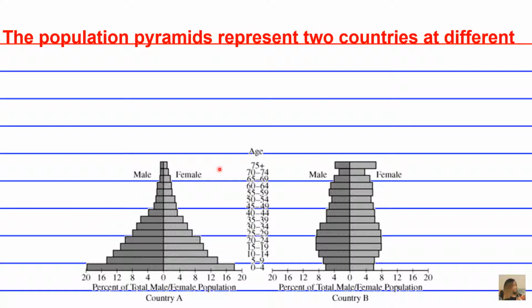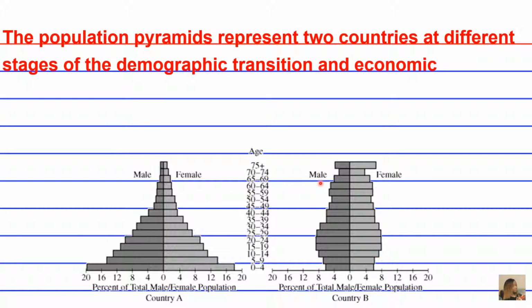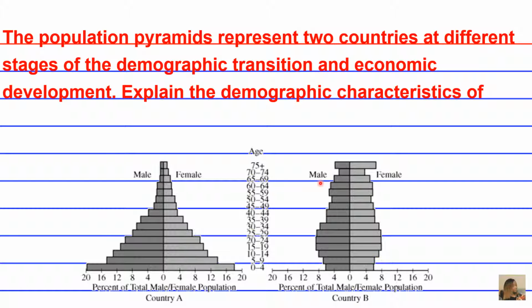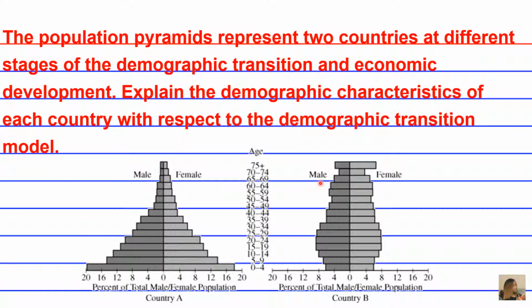The population pyramids represent 2 countries at different stages of demographic transition and economic development. Explain the demographic characteristics of each country with respect to the demographic transition model. Okay, so I'm not sure if you're familiar with the demographic transition model, but if you've watched some of my previous videos, you should be.